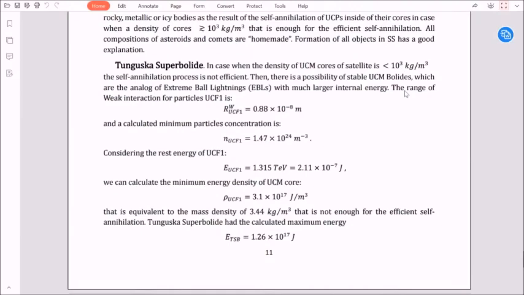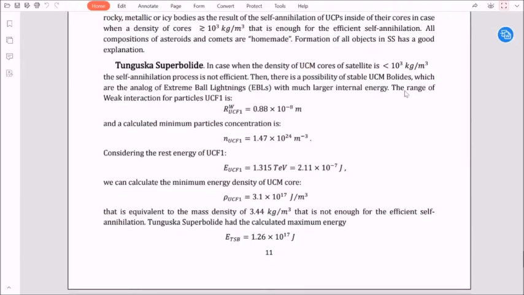And the calculated minimum particles concentration is about 10 to the power 24 per cubic meter. Considering the rest energy of UCF1, 1.3 teraelectronvolts, we can calculate the minimum energy density of a UCM core, about 10 to the power 17 joules per cubic meter. That is equivalent to the mass density of 3.44 kilograms per cubic meter. That is not enough for the efficient self-annihilation.